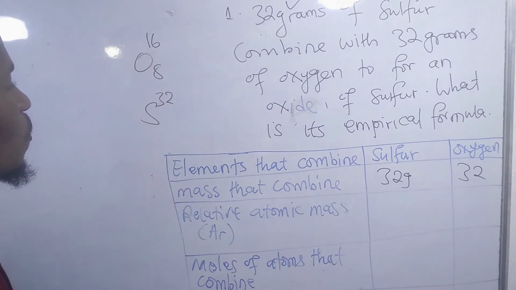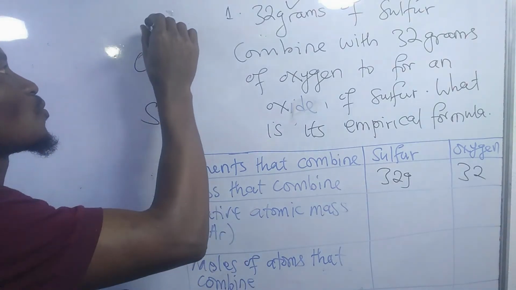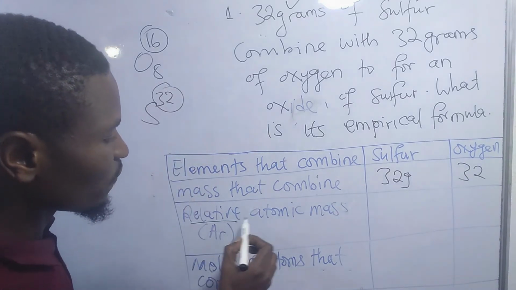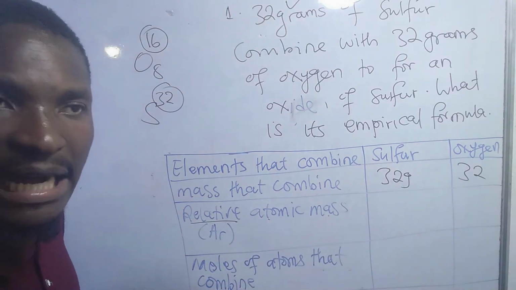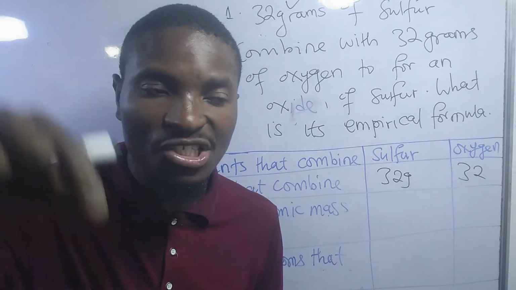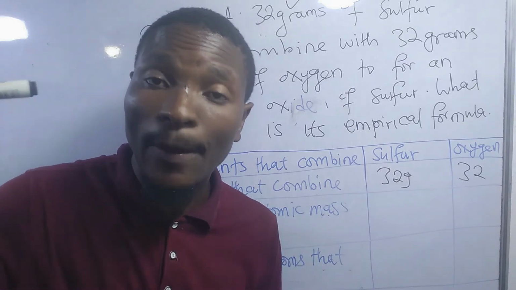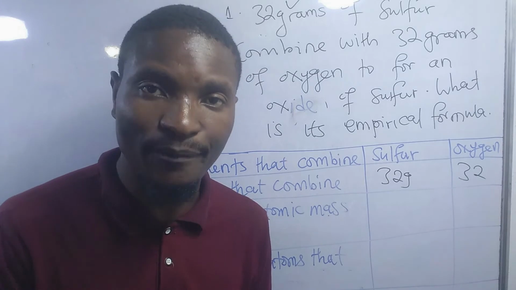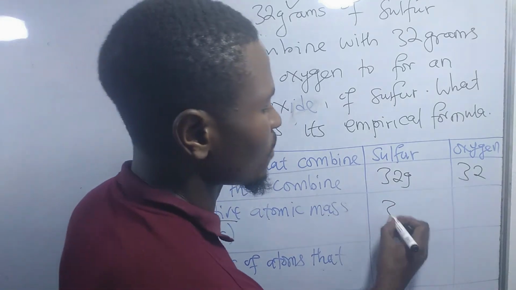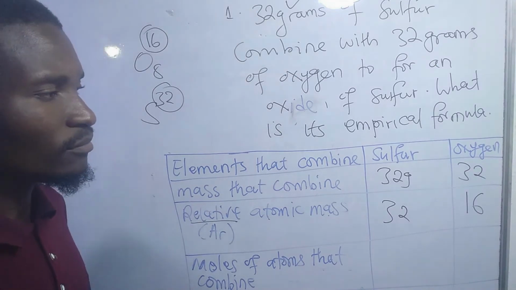You use the number at the top there. Those numbers at the top of each and every element are normally referred to as the relative atomic mass, or just the mass number of an element. In this table, the relative atomic mass of sulfur is 32, and for oxygen it is 16.